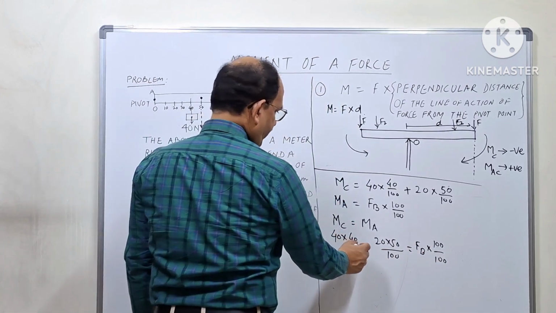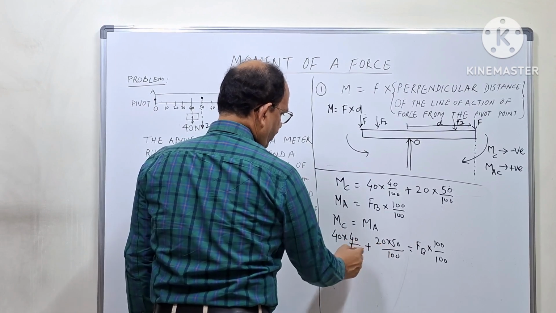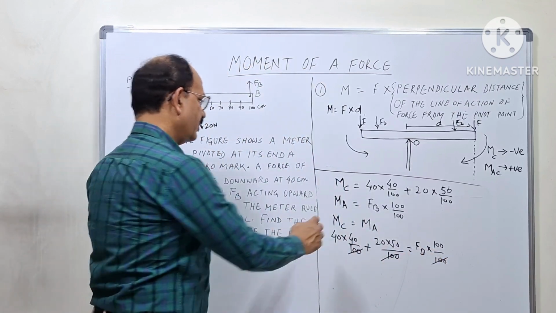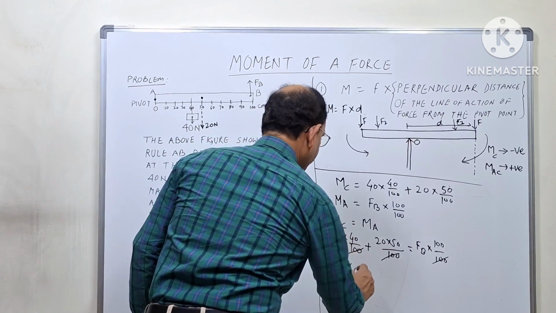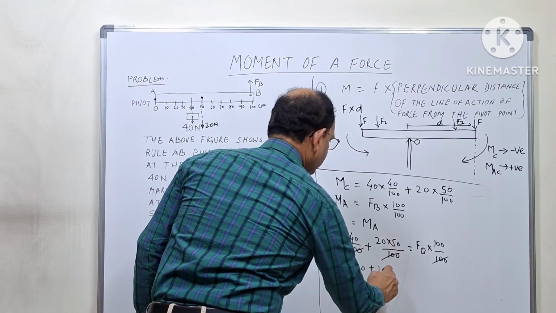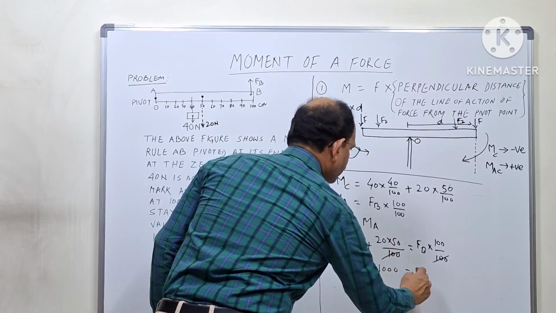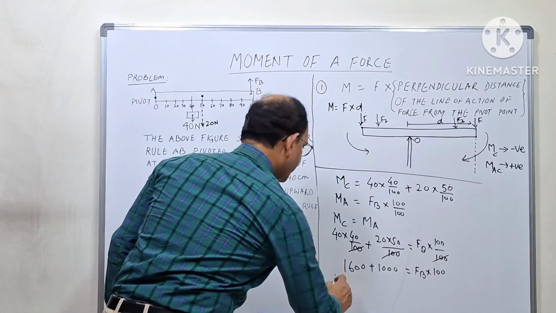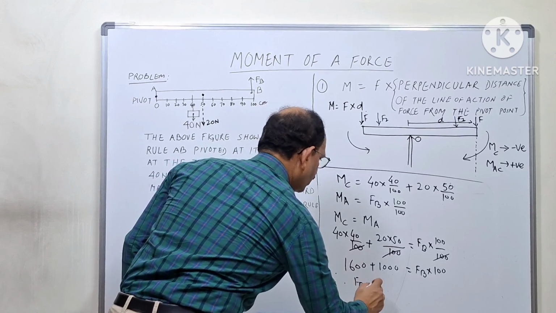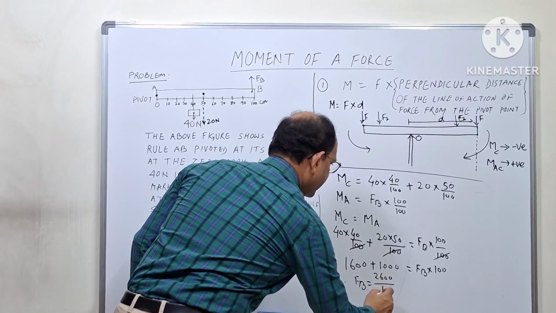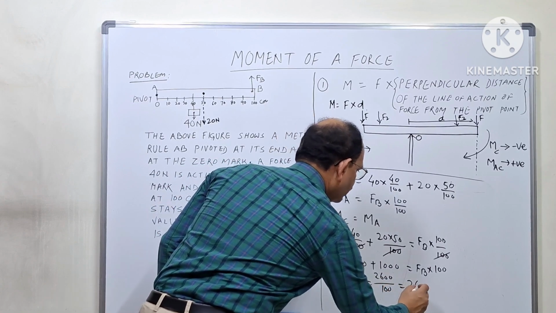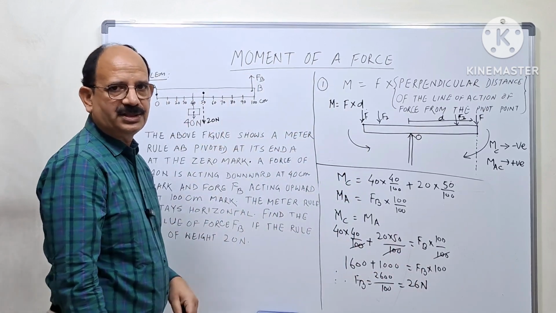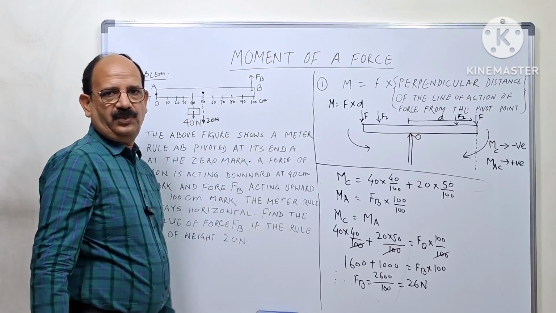Now, because this 100 is in the denominator and is common, we can cancel it. Therefore, 1600 plus 1000 is equal to FB into 100. And therefore, FB will be equal to 2600 divided by 100, which is equal to 26 Newton. So this is the force of 26 Newton which is acting upward.